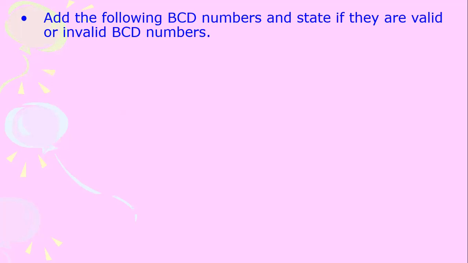Here is another example. Add the following BCD numbers and state if they are valid or invalid BCD numbers. The first one is 23 plus 15. Number 2, 19 plus 14.